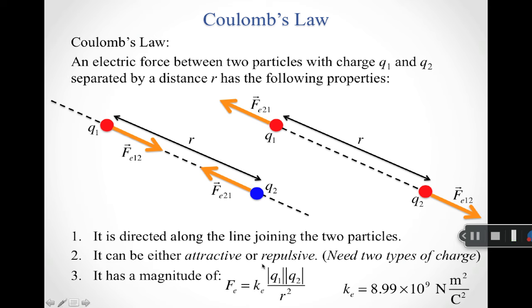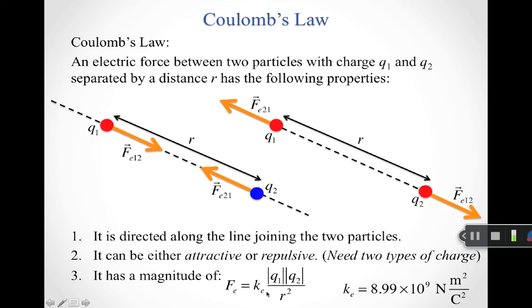And then 3, Coulomb's Law tells us that the force that these two charges exert on each other has a magnitude given by the following expression. So the magnitude of the electric force is equal to, here's a constant called Coulomb's constant. It's usually denoted by k sub e or sometimes just k.